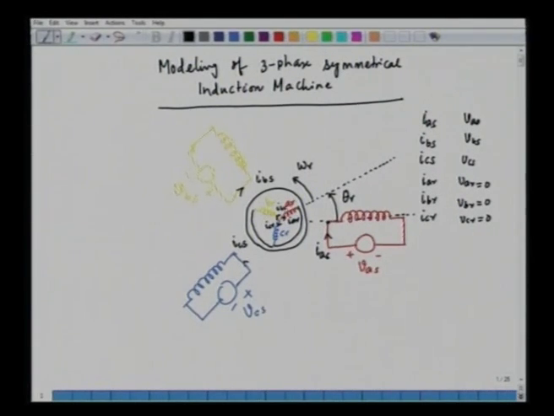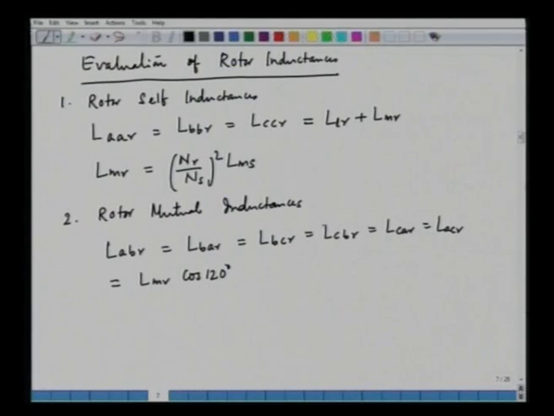So, if we want to find the mutual inductance between AR and BR, it will be LMR into cos of 120, because the axes of AR and BR are spread apart by an angle of 120. So, LABR is equal to minus half LMR.